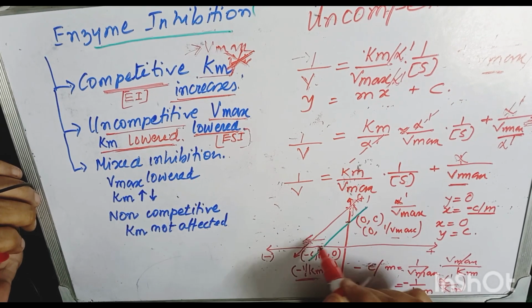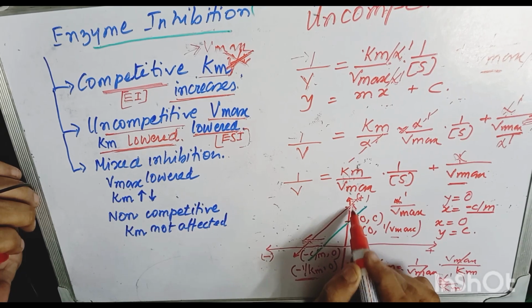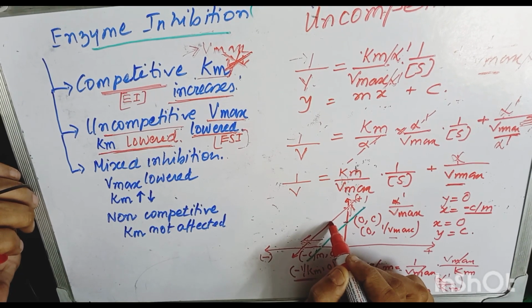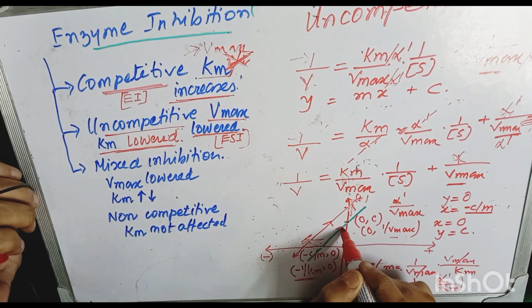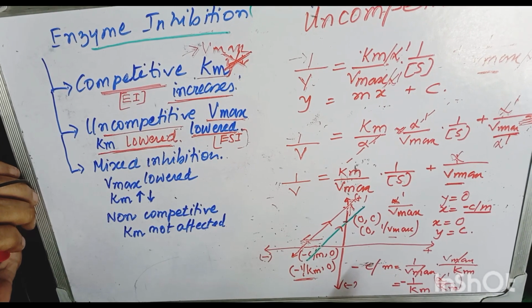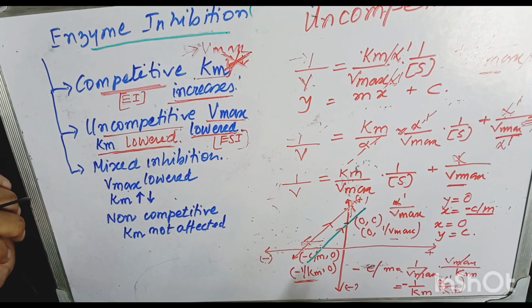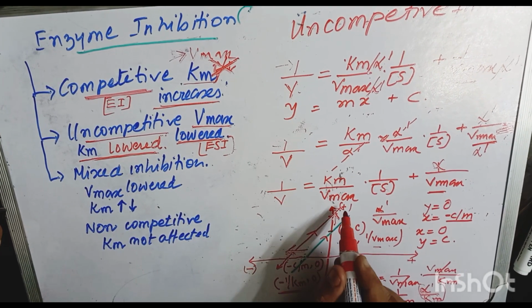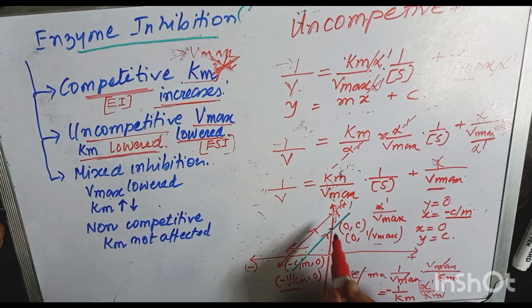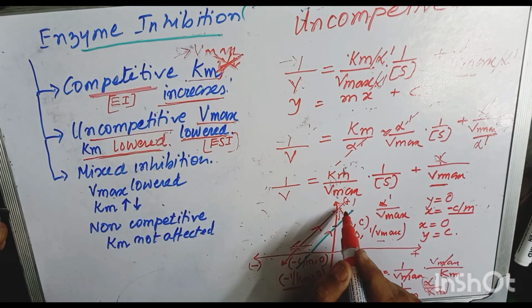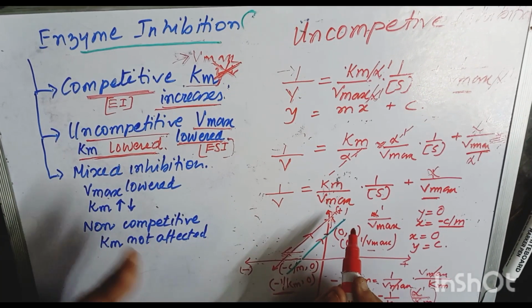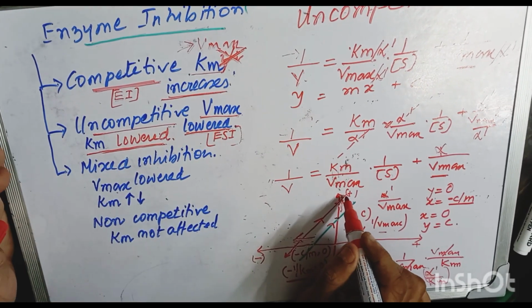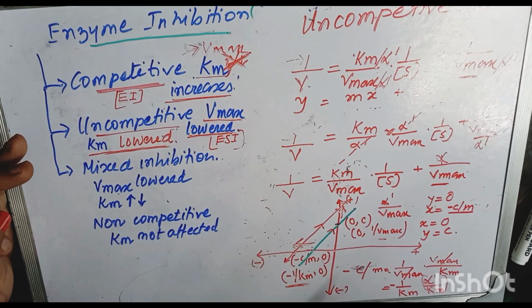Because of these equal displacements of the two points on the y axis and x axis, the lines are now parallel. So in uncompetitive inhibition, the double reciprocal plot gives a line parallel to the non-inhibition line, shifted towards the left.